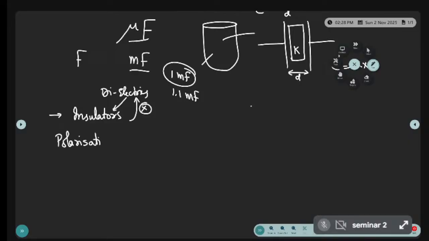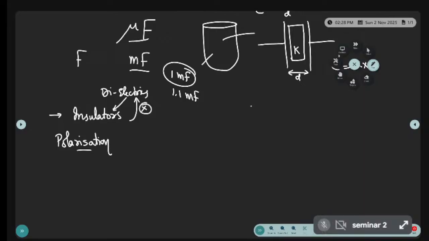The materials where polarization is possible are dielectric materials. Where polarization is not possible, they are insulators. Now the question is, what is polarization?